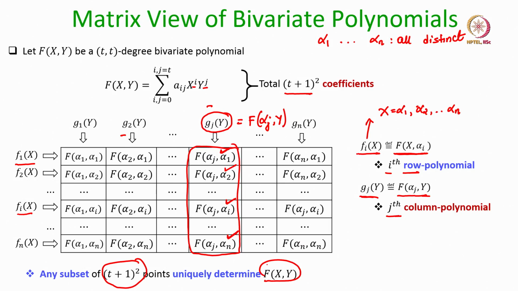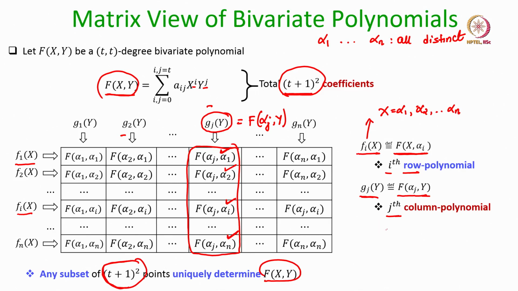In the same way, how many coefficients are there in this bivariate polynomial? We have t plus 1 square coefficients. So, now if I do not tell you the bivariate polynomial, that means I do not tell you the values of the t plus 1 square coefficients, but instead I give you t plus 1 square points from this matrix, any t plus 1 square. They need not be consecutive values, they need not lie on the same row, column, etc. They are just an arbitrary subset of t plus 1 square distinct points from this matrix.